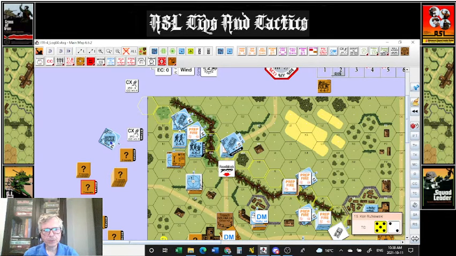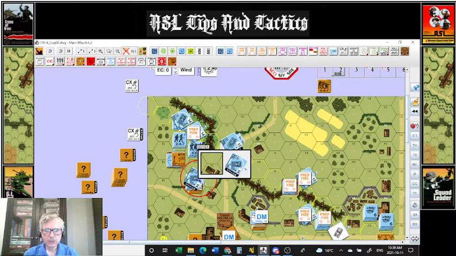Something wrong happened with your replay. What happened was the motion tank here went into this X and declared a stop and did the sleaze freeze. And then I started advancing my infantry from here into there, and it was already covered with smoke.